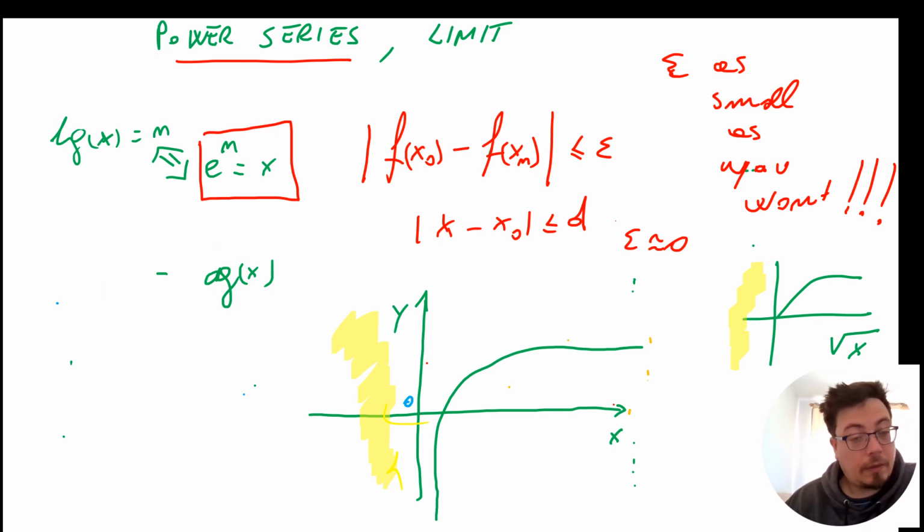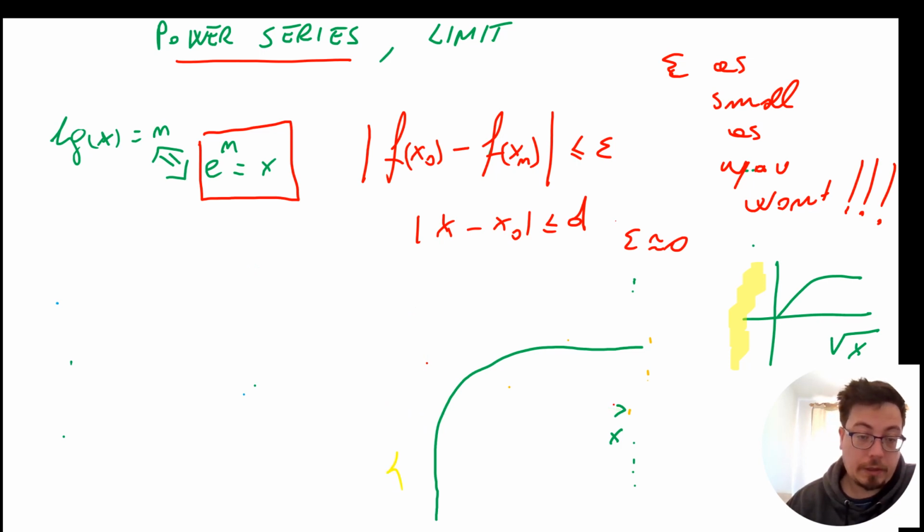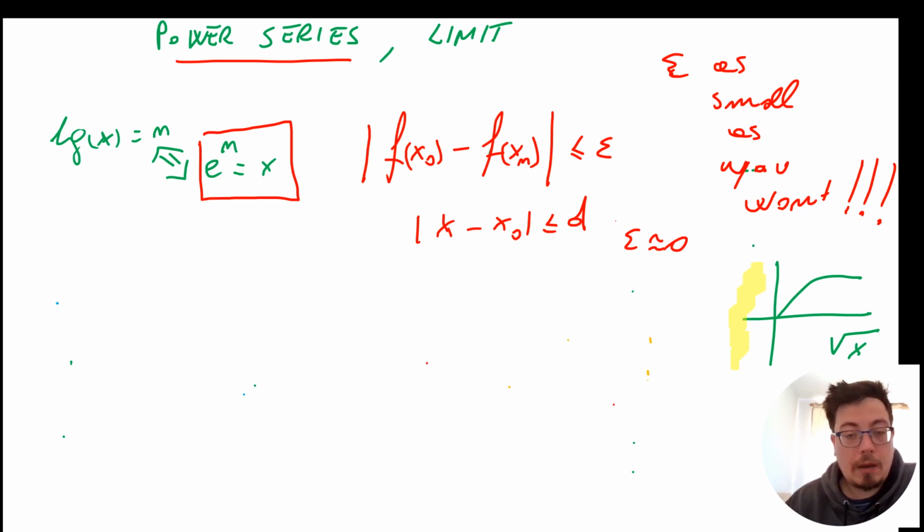If you think about it, the limit is another way to approximate your function. Around the value of x, we get roughly f of x_n, and the difference between the target value and f of x_n is about epsilon. So you have two approximations, on the y and the x-axis, to get your number.